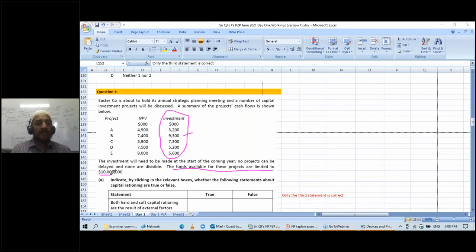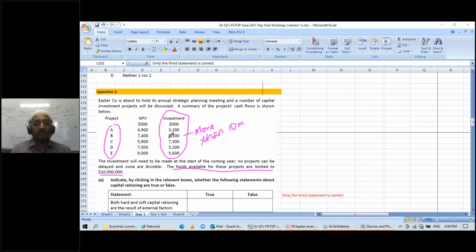The Easter company has just 10 million, and the investment amount is more than 10 million. So you cannot invest in all these projects A, B, C, D, and E. So you have to select some out of it. Now, which projects will you select?